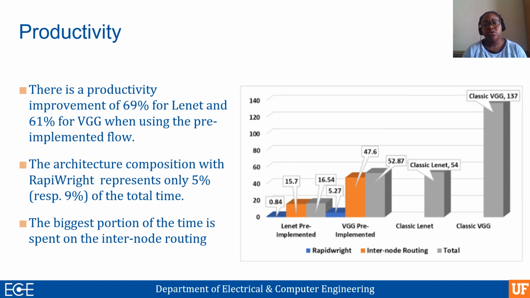The biggest portion of the time is spent in the internal routing. This is simply justified by the fact that when the size of the design increases, the productivity is affected. This section shows how the proposed flow can leverage component reuse to reduce both compilation time and implementation cycles.